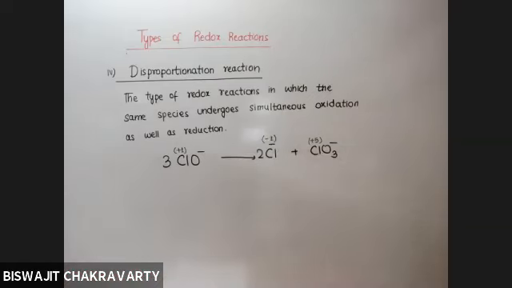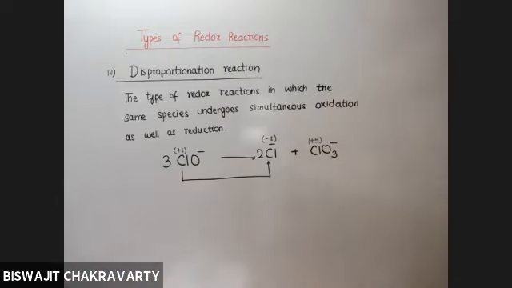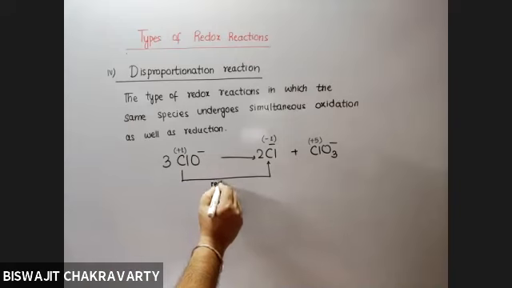So here you see, from this to this, there is a decrease in the oxidation number. And if there is a decrease in the oxidation number, what process will you call it as? Oxidation or reduction? Reduction. This is reduction because gain of electron is occurring.